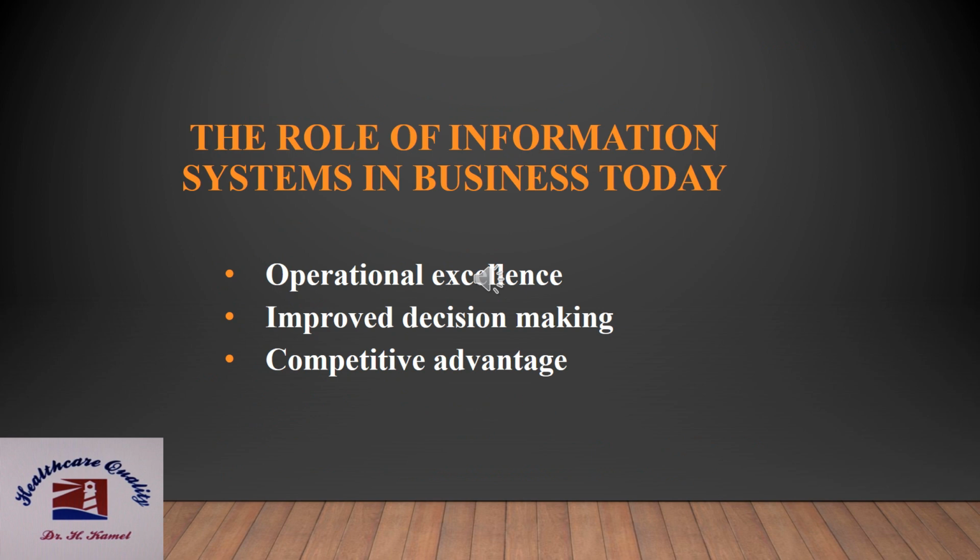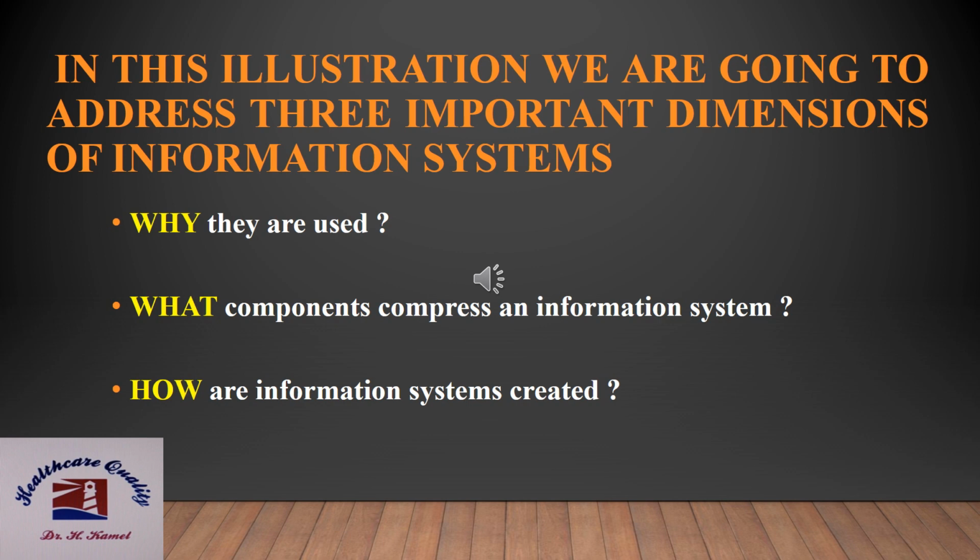The use of information systems in business today will lead to operational excellence, improved decision making, and competitive advantage. In the following illustration, we will try to address three important dimensions of information systems: why they are used, what components comprise an information system, and how information systems are created.